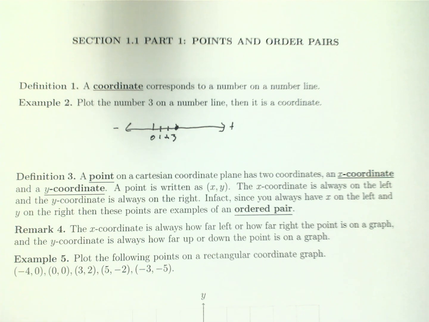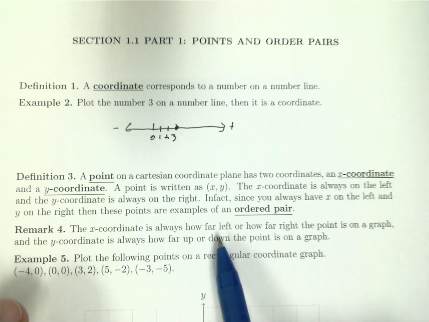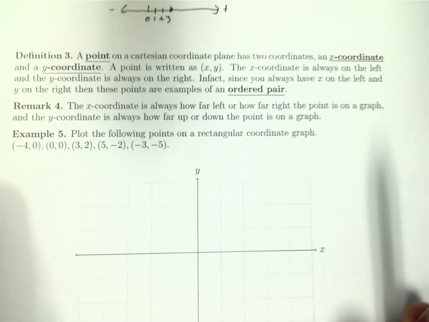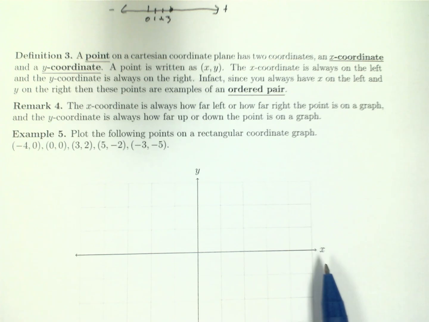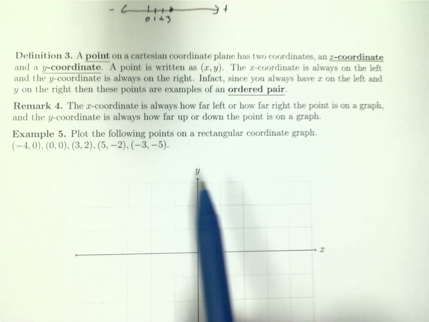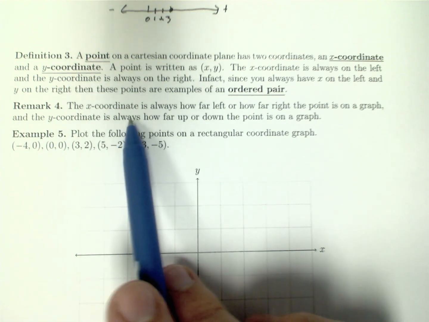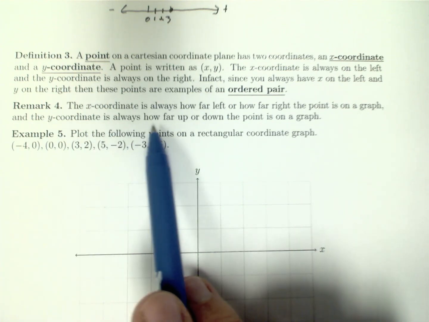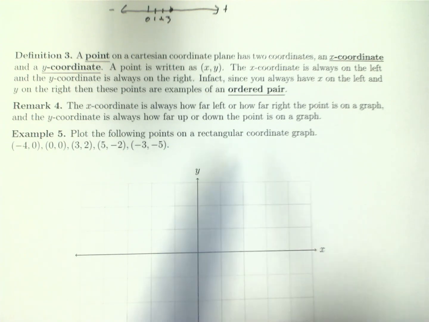The x-coordinate tells you how far left or right you go, and the y-coordinate is always how far up or down the point is on the graph.